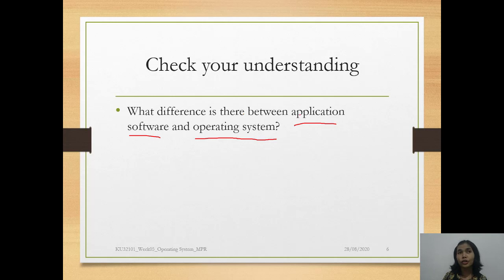I'm pretty sure that you have the answer, so please let me know by posting your answer in the comment section in the YouTube by writing your name and then your student ID and then your answer. What is the difference between the application software and the operating system?